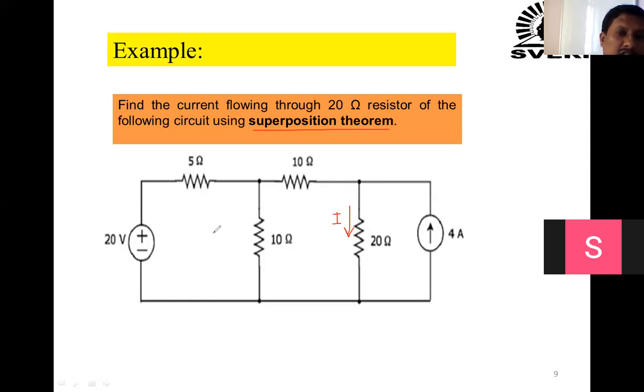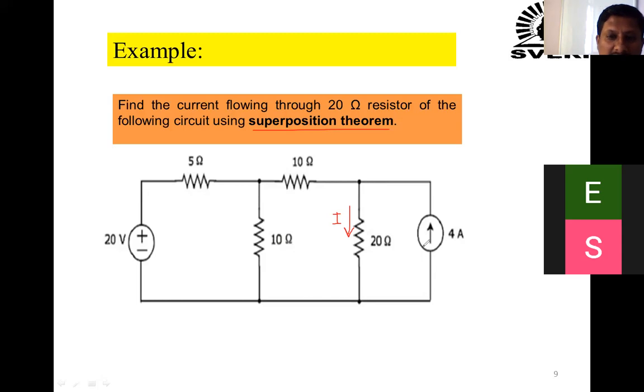So 2 independent sources are there, which means we have to keep this 20 volt as it is, and we have to remove this current source. So how to remove this current source? By open circuit or by short circuit? Open circuit. Yes. So by open circuit, we can remove this current source and we can find out this current.